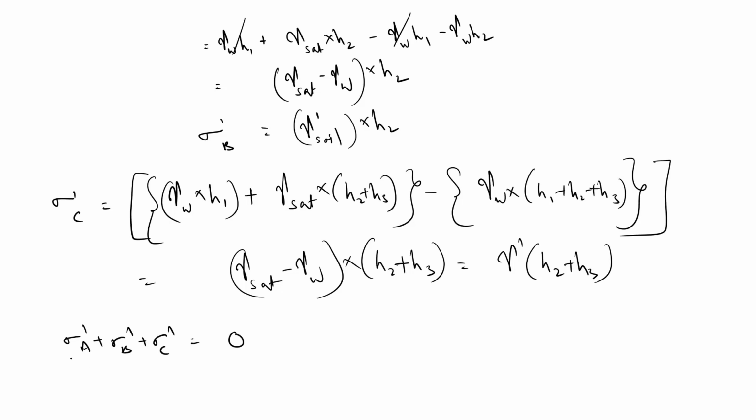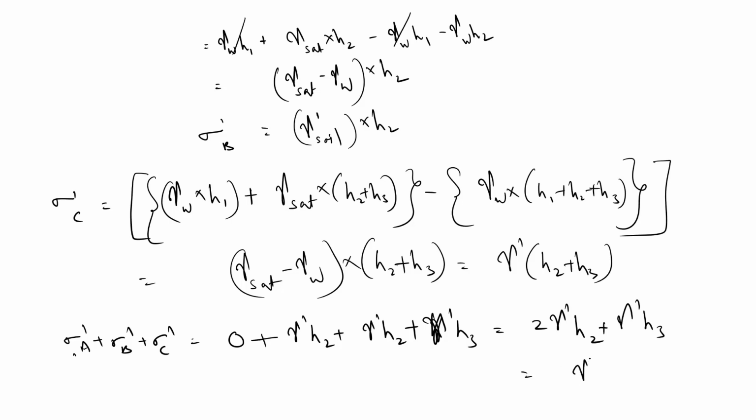This one is 0, plus sigma B dash, take gamma dash of the soil, that means gamma dash into H2, plus gamma dash into H2 plus gamma dash into H3. I am just making it separate. So take H2 common: 2 gamma dash H2 plus gamma dash H3. Take gamma dash common, 2H2 plus H3.